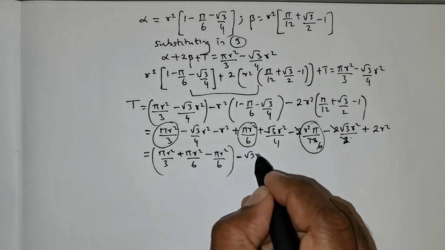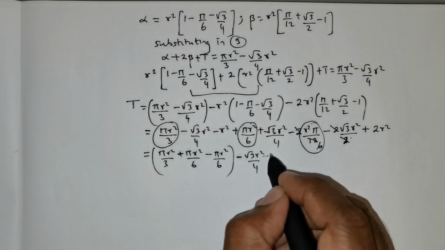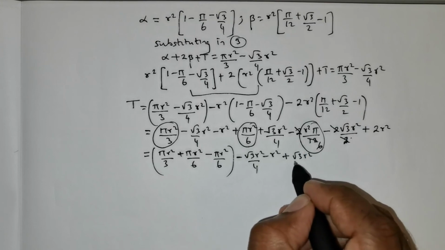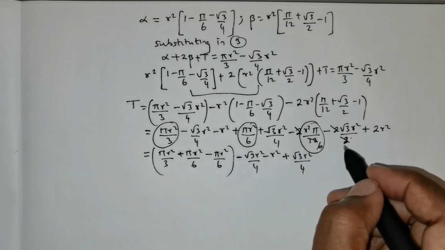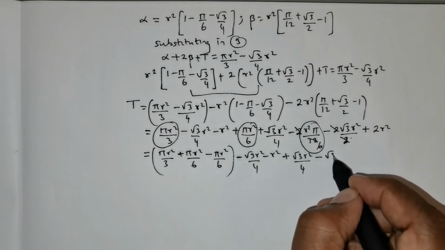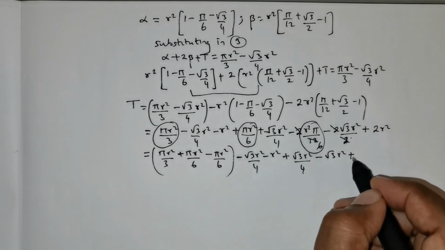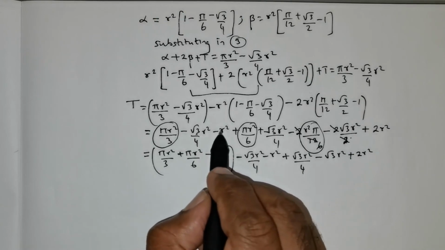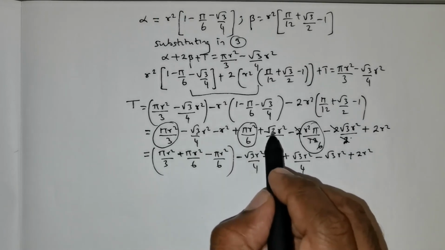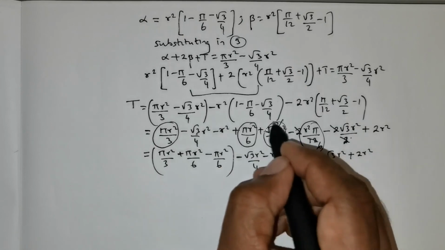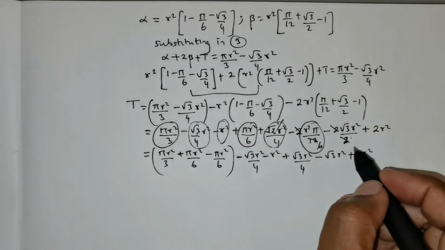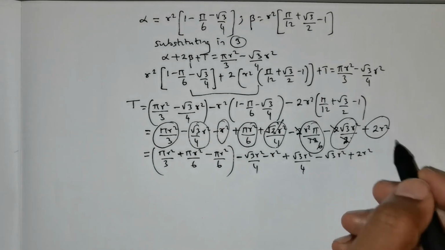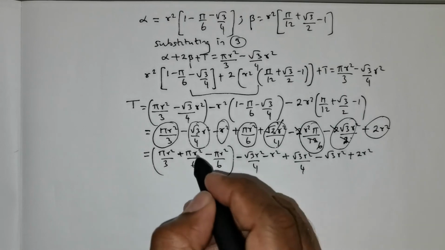So I've got left root of 3 times r squared over 4, a negative r squared, positive root of 3 r squared over 4, and then a negative root of 3 r squared and positive 2 times r squared. So I've written all of these down.